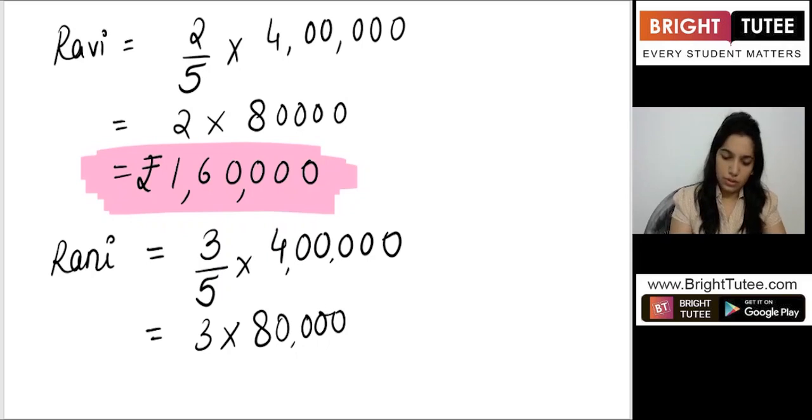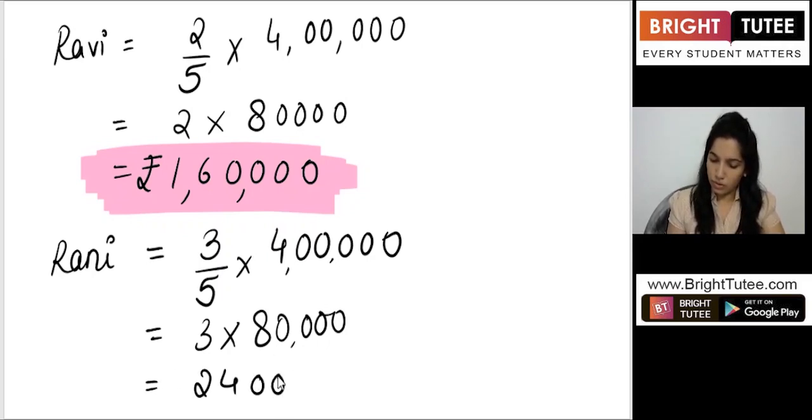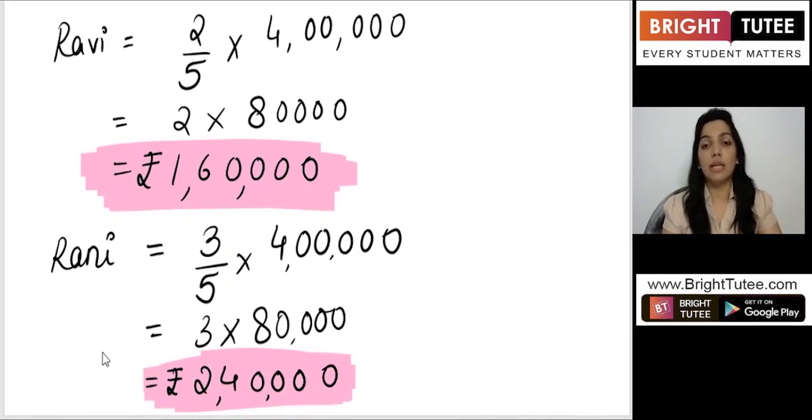Now what is 3 times 8? 24, and then 1, 2, 3 and 4 zeros. So the total profit that Rani is going to get as her share is 2,40,000 rupees. I hope this is clear.